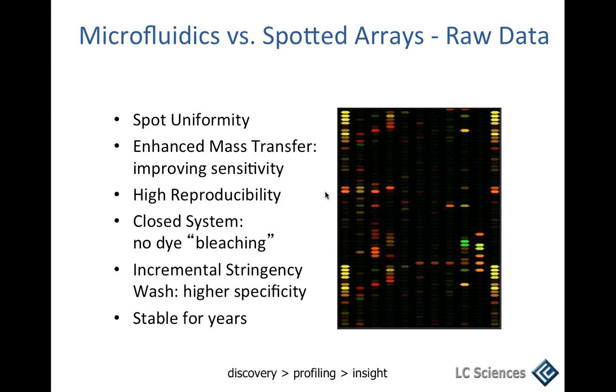And you don't have any dye oxidation, so you don't have any issues that you're scanning the chip and then a week later it would give you completely different results. Because it's pretty much a closed system, you can put it in the drawer and take it out 3 months later and either reuse it or scan it again, and you would get the same intensity readings.